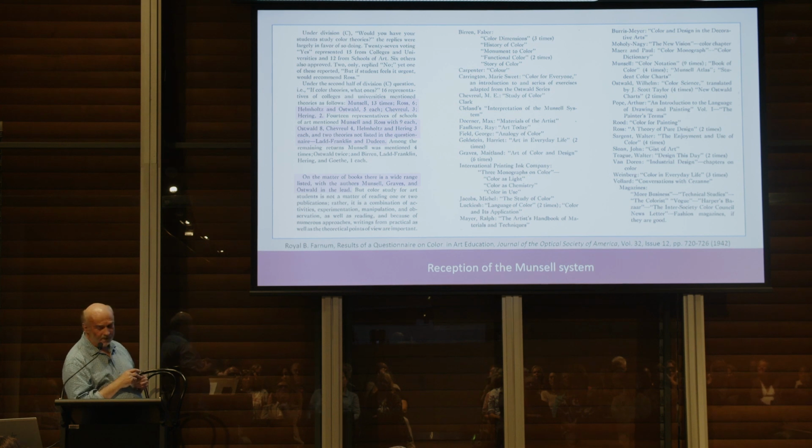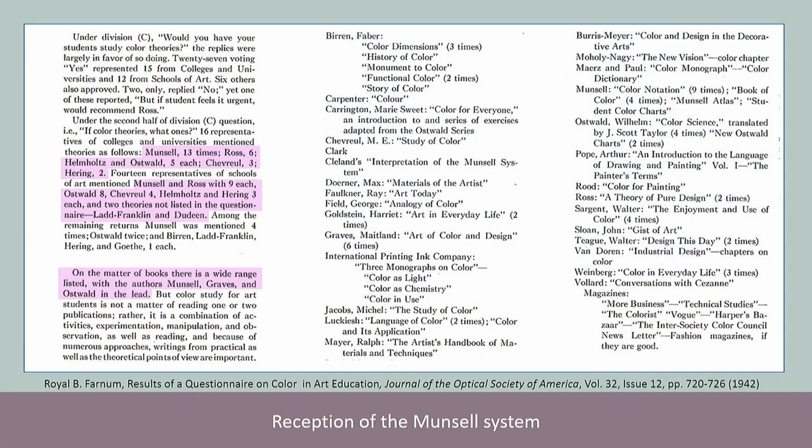He says, on the matter of books, there is a wide range listed with the authors Munsell, Graves and Ostwald in the lead. So it's just interesting. It's the same basic list as Shillito was using at this time in Australia, with the addition of Carpenter, who was basically her neighbour in Yorkshire.